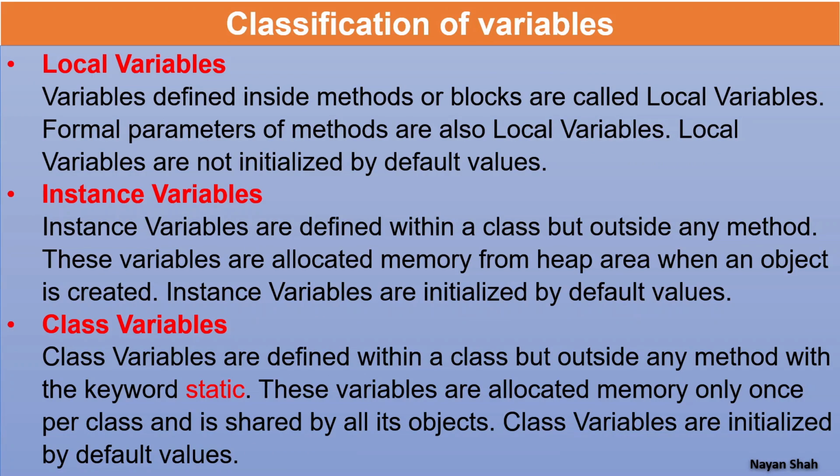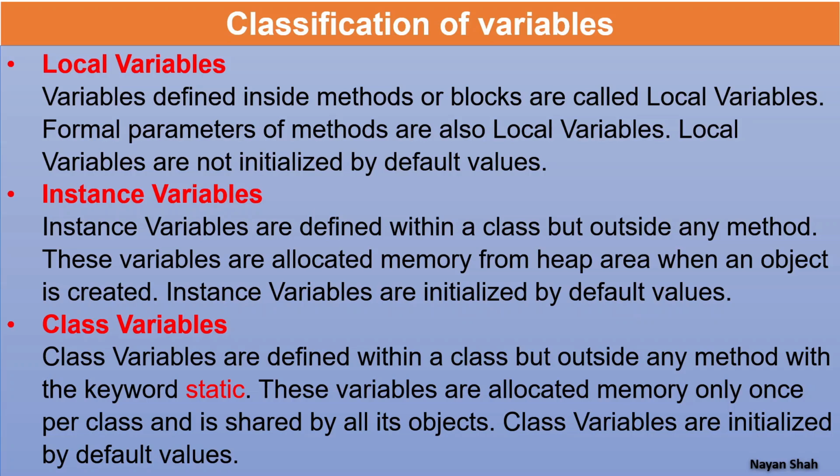Classification of variables. How many different types of variables are there, and how are they classified? There are basically three types of variable: local variable, instance variable, and class variable. Now what is a local variable? Local variables are variables defined within a method or within a block. The scope, or availability, of that variable is only within that block.